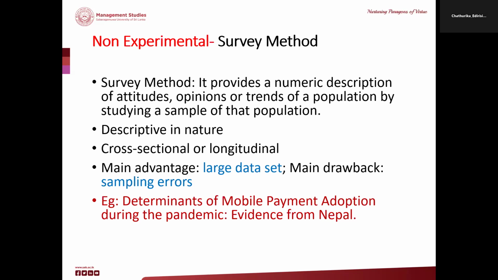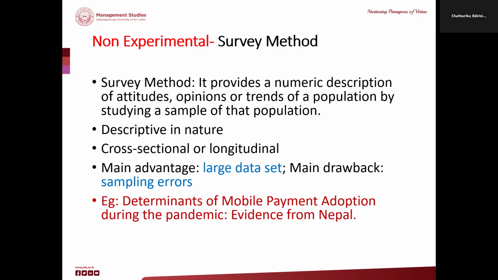For example, take determinants of mobile payment adoption during the pandemic, evidence from Nepal. Mobile payment adoption is a heavily investigated topic. There are so many theories that explain the adoption of mobile payment, starting from the technology acceptance model, UTAUT theory, the extended version of UTAUT theory, theory of planned behavior, theory of reasoned action, likewise.